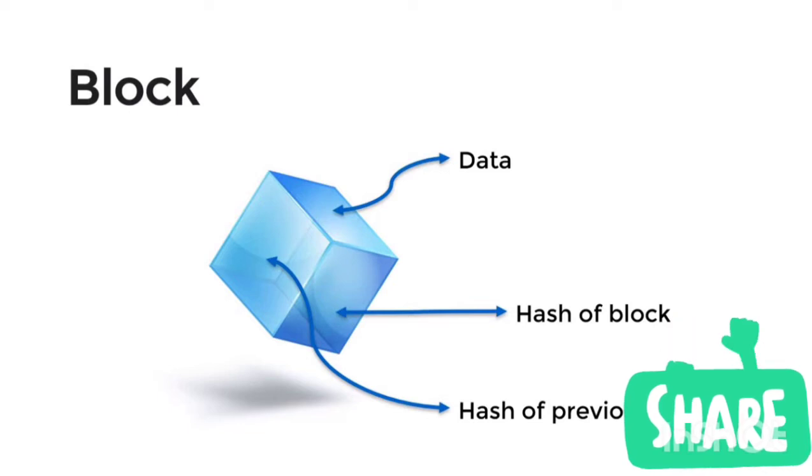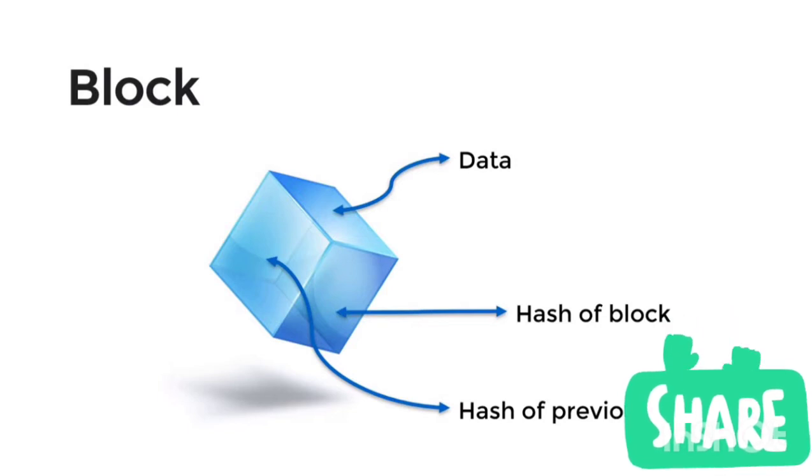A block also has a hash. You can compare a hash to a fingerprint. It identifies a block and all of its content, and it's always unique, just as a fingerprint. Once a block is created, its hash is calculated. Changing something inside a block will cause the hash to change.